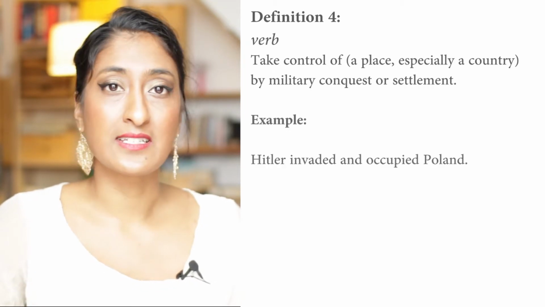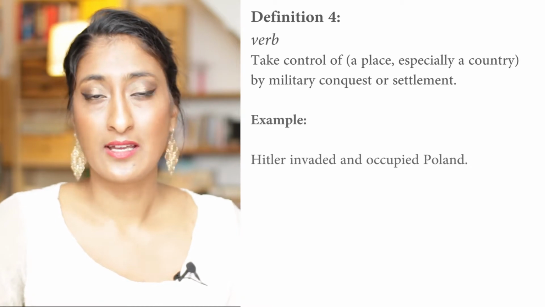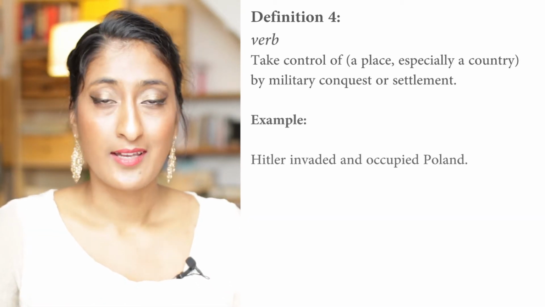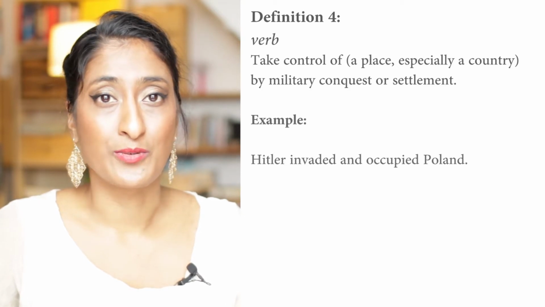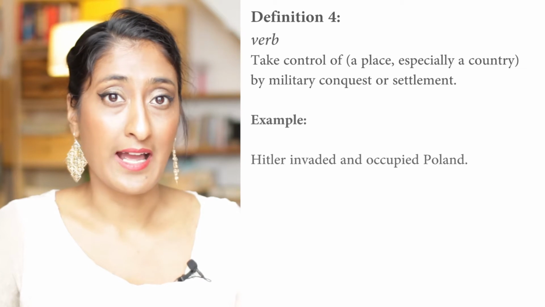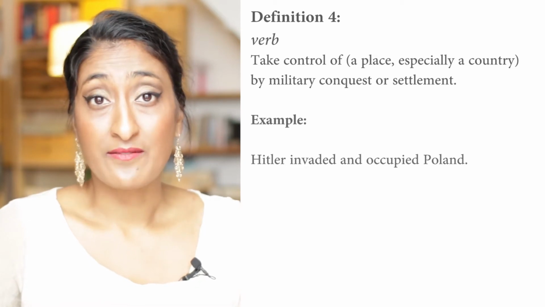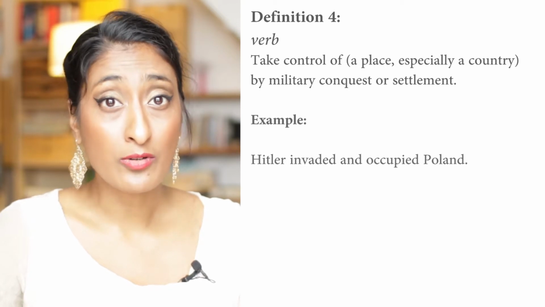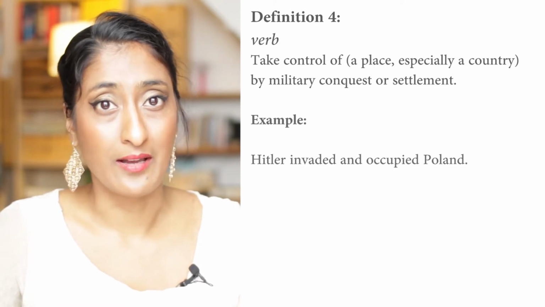Hitler invaded and occupied Poland in World War II. If you are in Year 6, then chances are that you will be covering World War II as part of your topic. And you'll be learning all about how Germany invaded Poland. And you can say that Nazi Germany occupied Poland at the time. That was a long one.